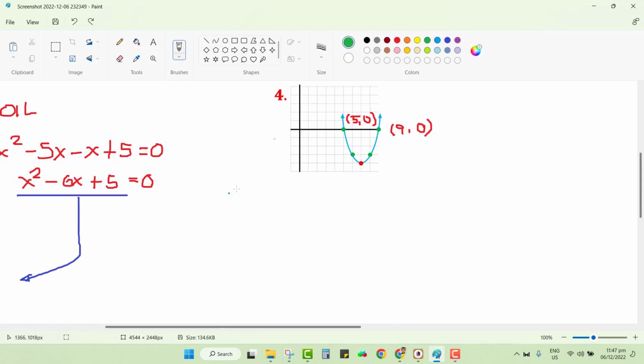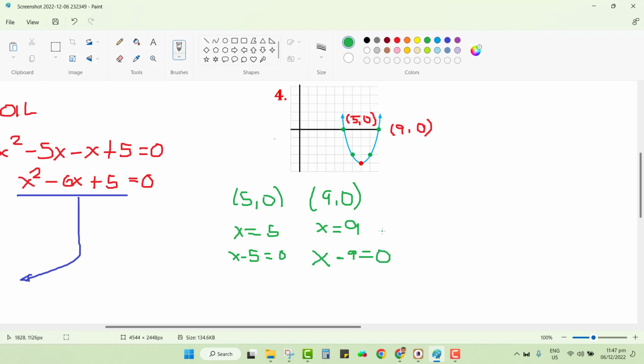So our intercepts are 5, 0, and 9, 0. Your first root is 5, and the second is 9. So your first binomial is x minus 5 equals 0, and the second binomial is x minus 9 equals 0.